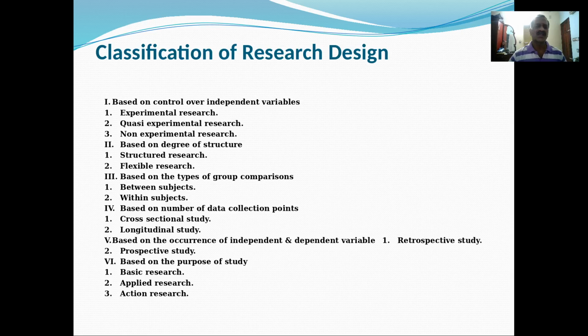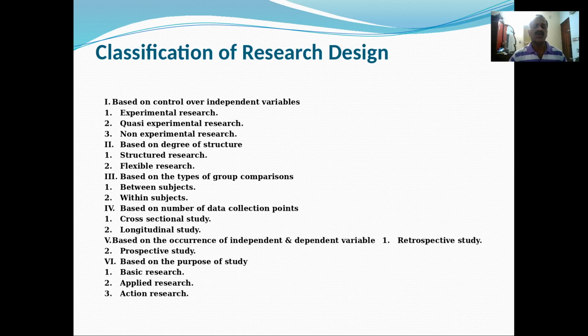Based on the degree of structure, we classify research into structured research and flexible research. Based on the type of group comparison, between the subject comparison and within the subject comparison. Based on the number of data collection points, we classify into cross-sectional studies and longitudinal studies.